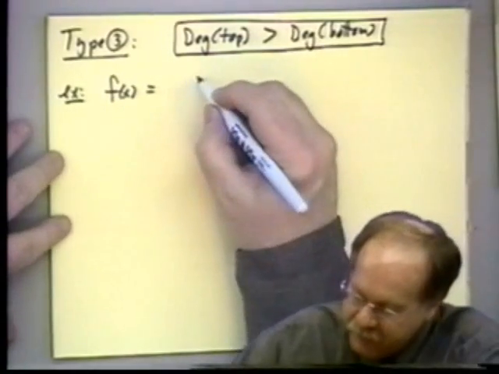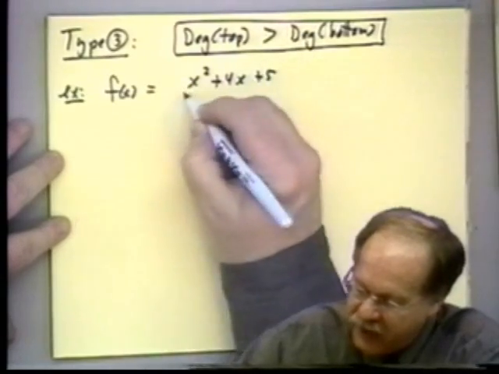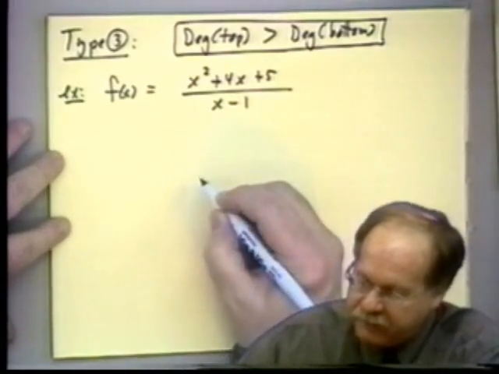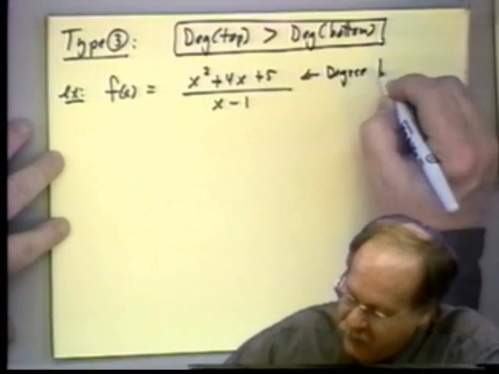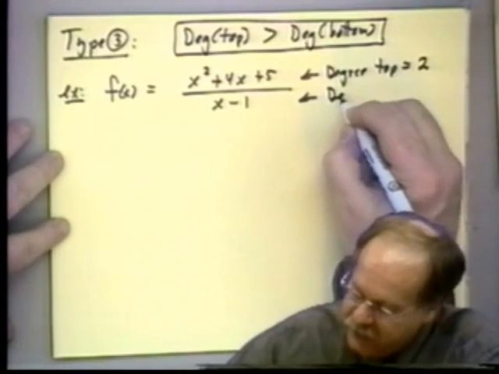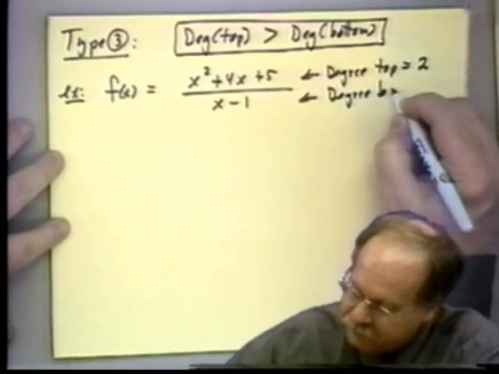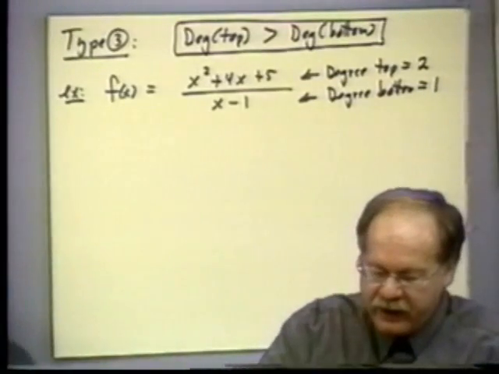And in this case, it is also going to be very easy once we get done. Here we have f of x as our example. Say x squared plus 4x plus 5 over x minus 1. Now notice that the degree of the top is equal to 2 here, and the degree of the bottom is equal to 1.